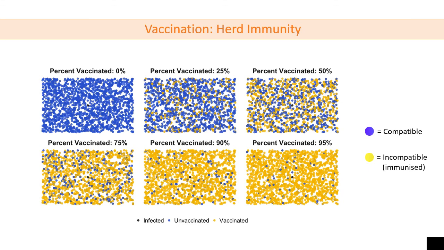So if we take an individual who hasn't been vaccinated and this individual is surrounded by individuals who are protected, so who have been vaccinated, then the individual who hasn't been vaccinated will obtain a kind of de facto protection because they will never come into contact with the infectious agent. So even though they are immunologically compatible with the infectious agent, they obtain a degree of protection by being surrounded by individuals who are not compatible with the infectious agent, who cannot carry the infectious agent.